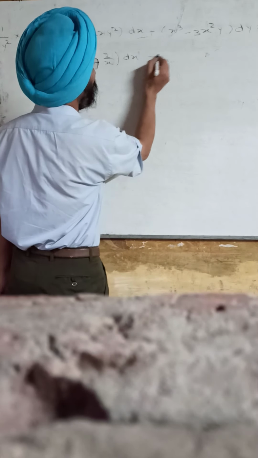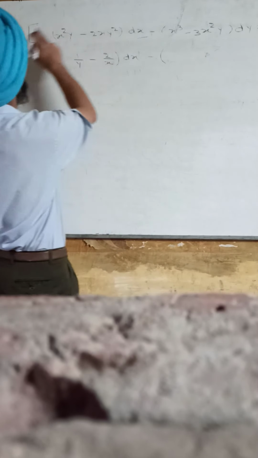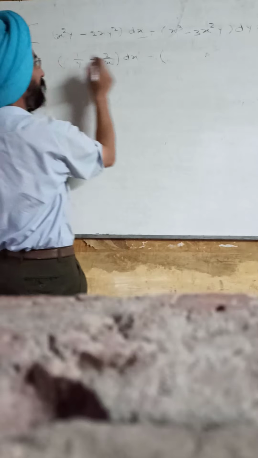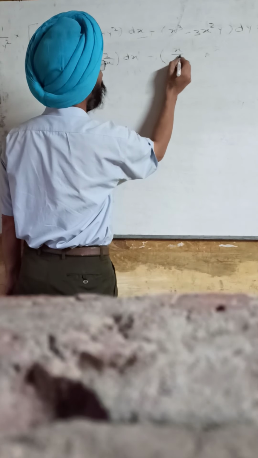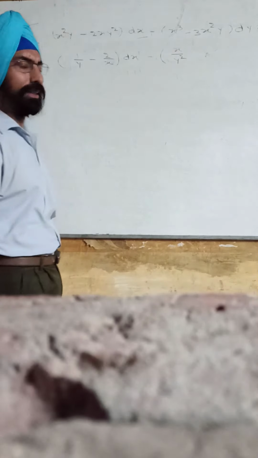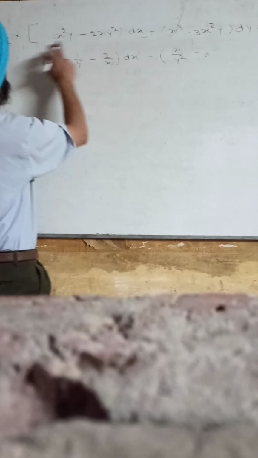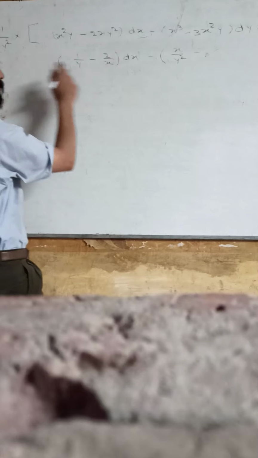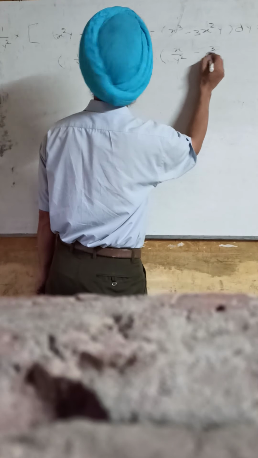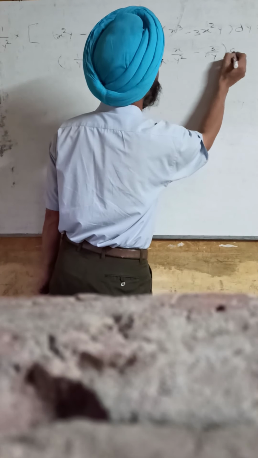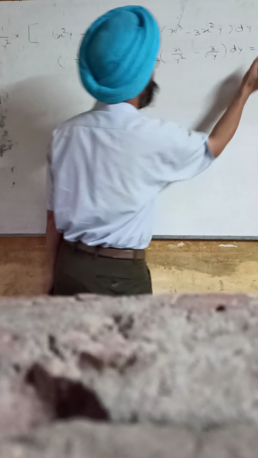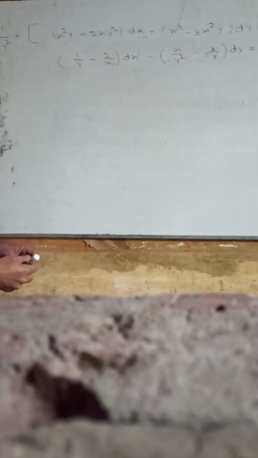Similarly, in the second bracket, x cube divided by x square y square is x over y square, and minus 3x square y divided by x square y square is 3 divided by y, dy is equal to 0.